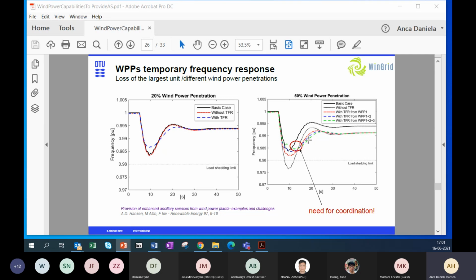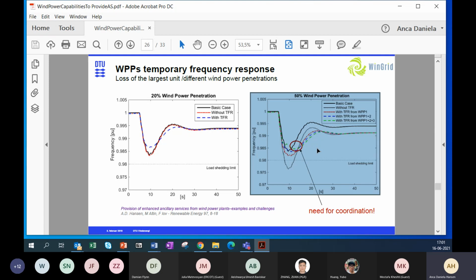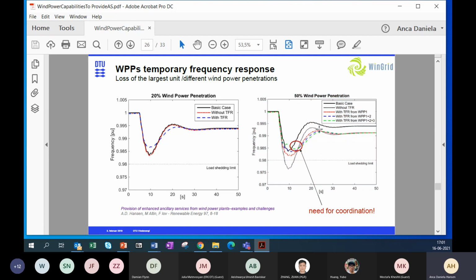So there is a need for coordination between wind power plants. We have to do it in a smart way. This is actually also something similar to what Damian showed yesterday. So the case where we have 3 wind farms is not necessarily better than when we have only 2 wind power plants.